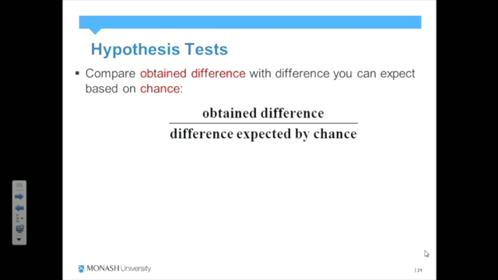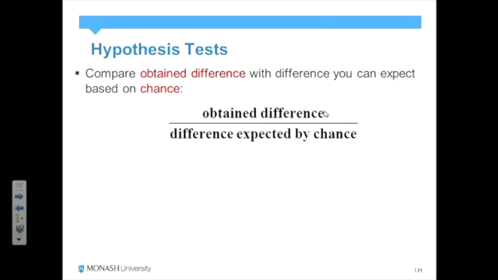Whenever you come across any kind of statistical test in inferential stats, the Z-test we'll do today is one example, but a t-test or a correlation, anything else, is always essentially going to be this equation here. It's your obtained difference, the thing you actually saw in your data, the thing you saw change, maybe it's the mean or whatever it might be, divided by the difference that you just expect by chance.